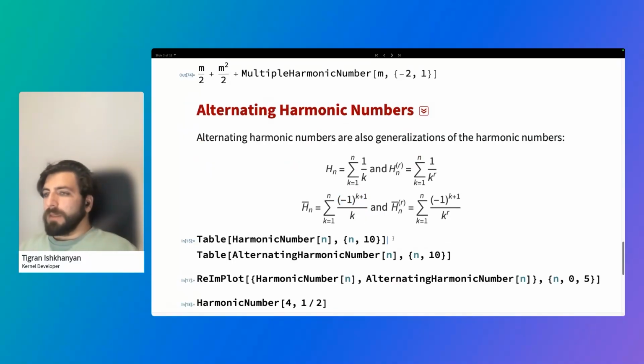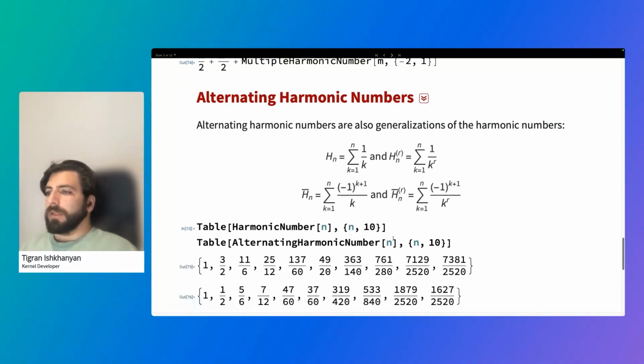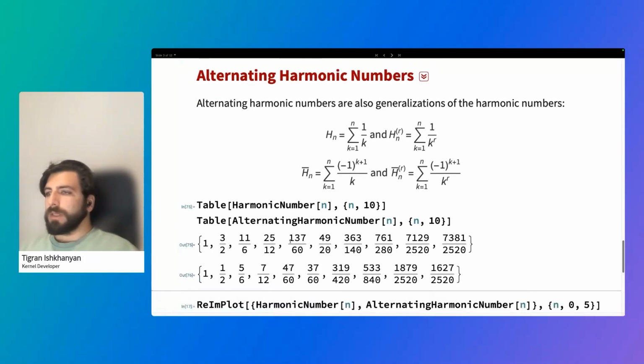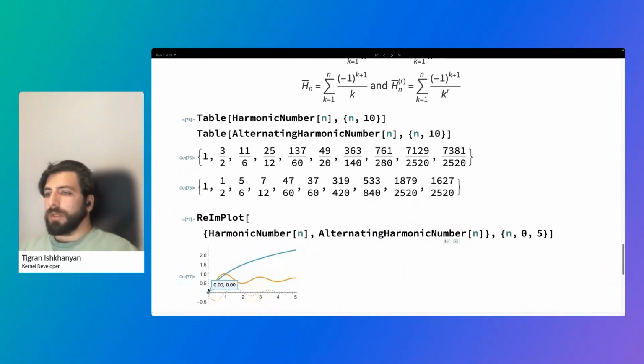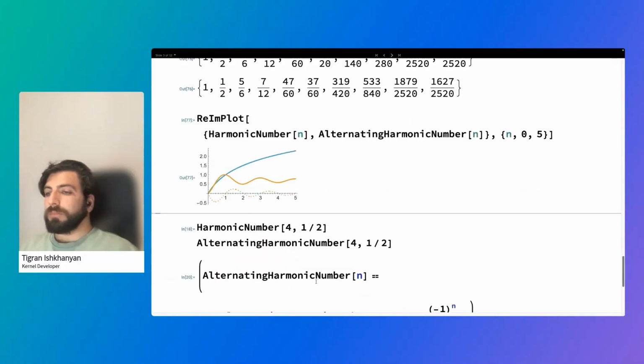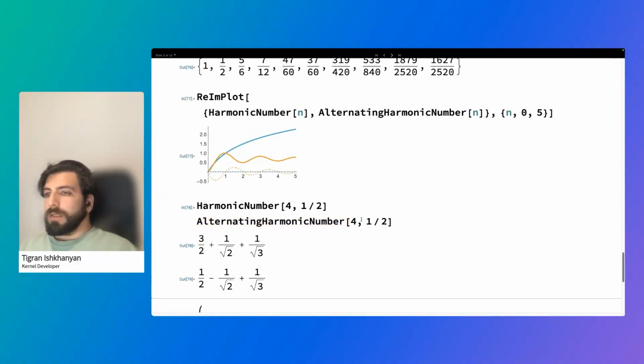Let's compare the harmonic number and the alternating harmonic number. These are the first 10 harmonic numbers and the first 10 alternating harmonic numbers, and the plot of this one. Here the blue line is the harmonic number, and the orange ones are the real and imaginary parts of the alternating harmonic numbers. Some comparison.